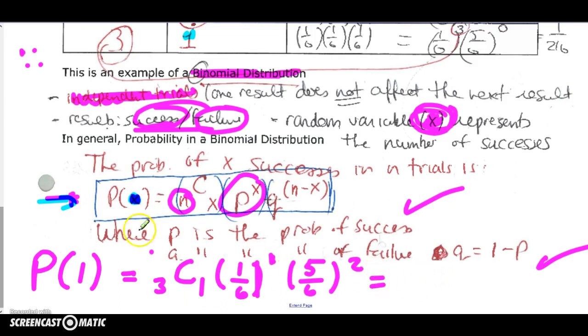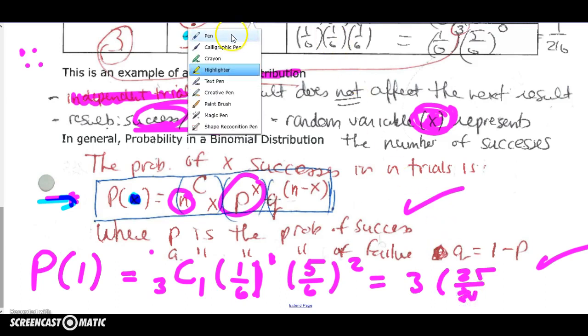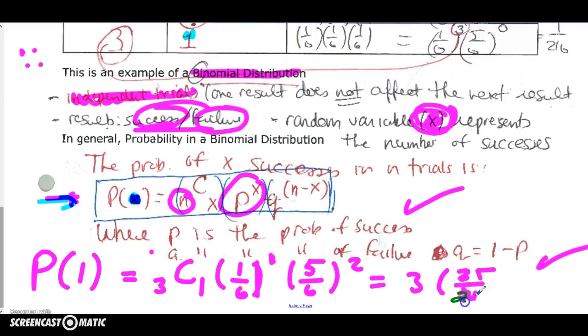I just work that whole thing out, and that's going to be 75 over 216. So the probability of rolling exactly 1 double out of 3 chances is this right here. Kind of ugly, but you'll see when we do the next example, it's kind of useful.